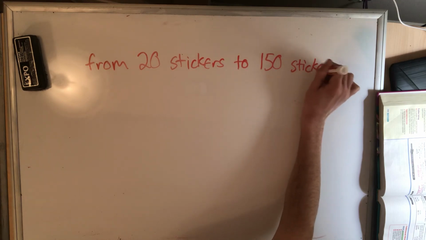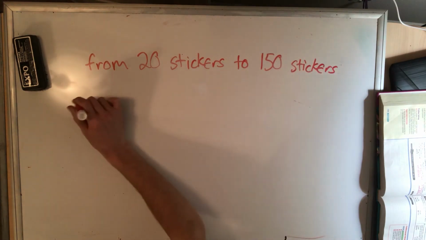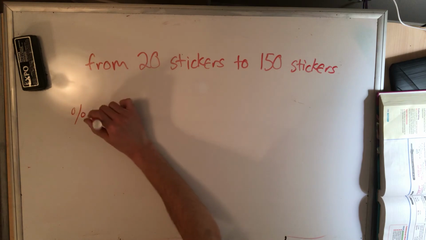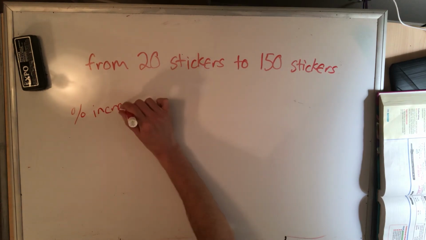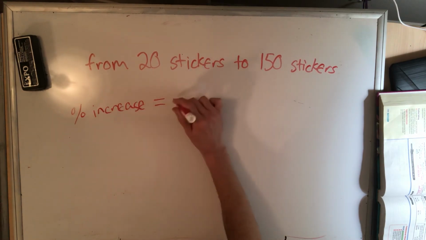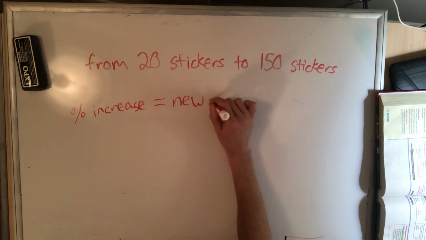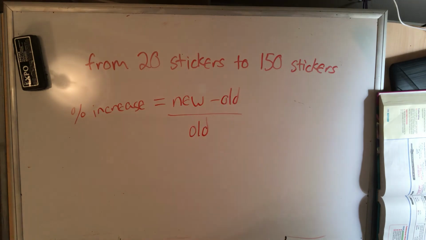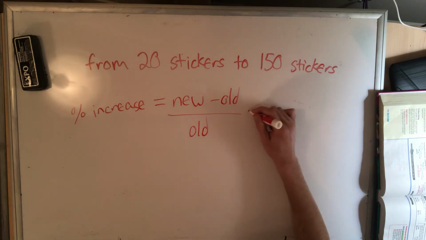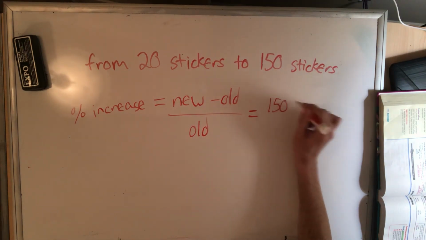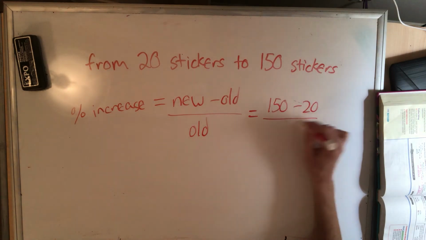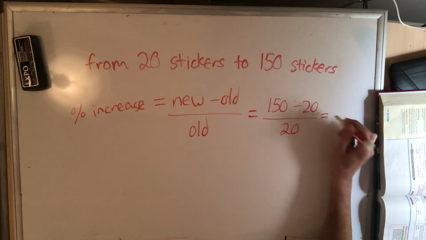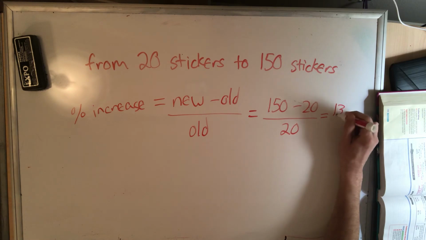Let's find the percent increase. The formula for percent increase is the new value minus the old value over the old value. So that's going to be 150 minus 20 over 20, which is 130 over 20.